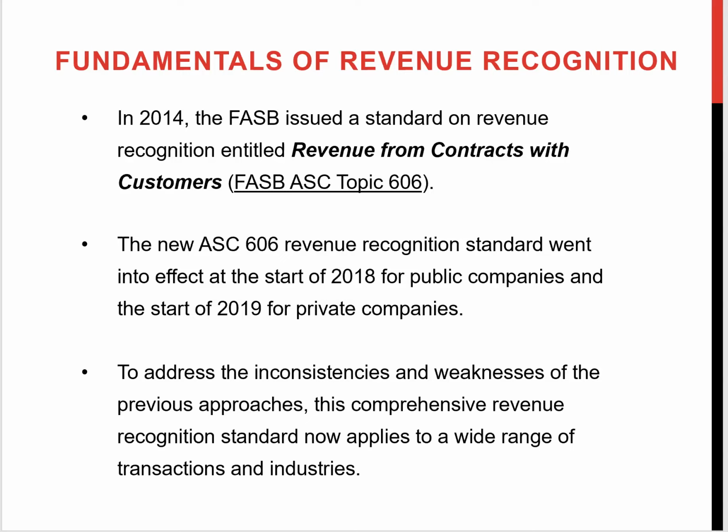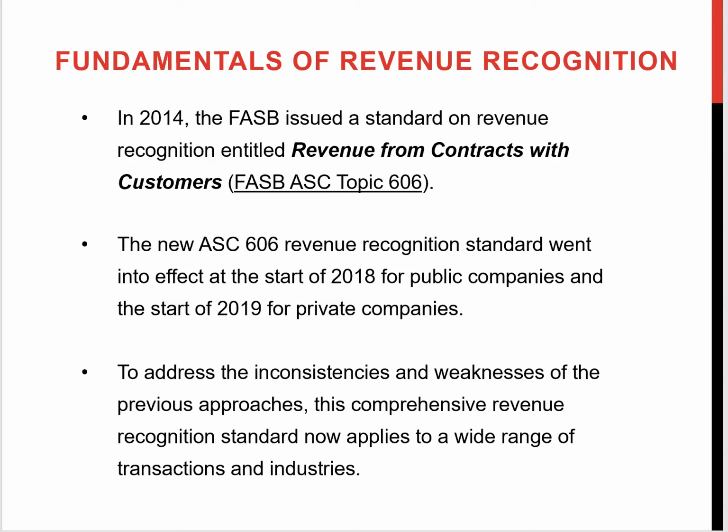Those were huge problems, and that's why in 2014, FASB issued a standard on revenue recognition, which is known as revenue from contracts with customers, and this is widely known as FASB's ASC Topic 606. And from 2019, all firms are now using these revenue recognition standards.